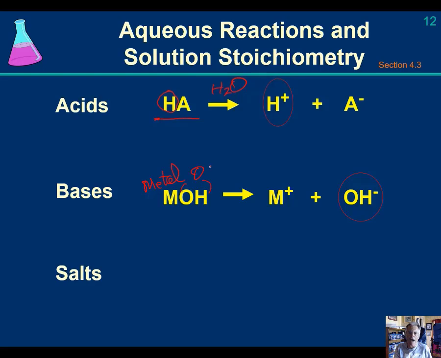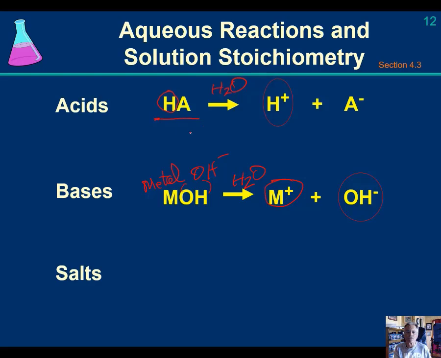And this is hydroxide ion. You remember hydroxide from your list of polyatomic anions. And what bases will do is they will donate that hydroxide ion in water. You will also have a metal cation floating around in that solution.